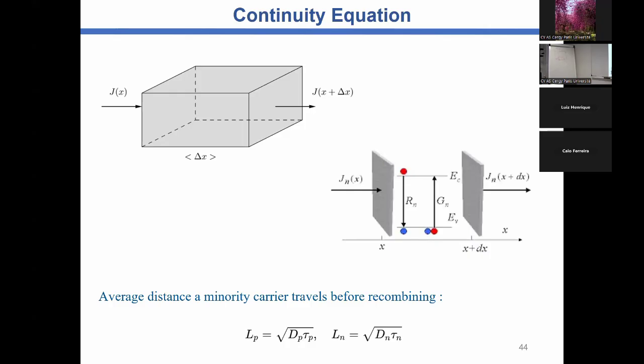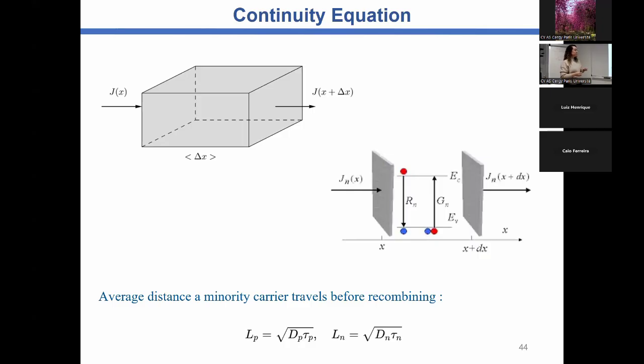And in terms of one distance, a thickness dx, we will have a current Jx in and a current Jx plus dx out. If we have the same current in and out, this means that we have a perfect conductor. But in general, the current that we are applying decreases.